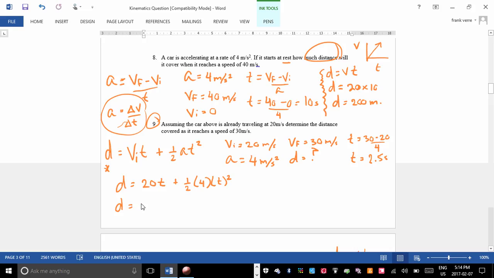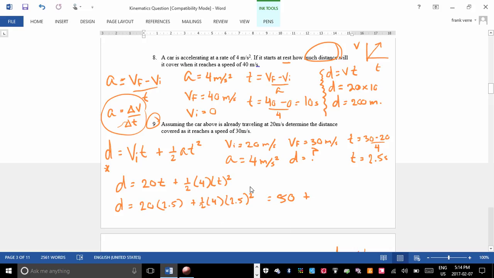So now we can plug in our time. d equals 20 times 2.5 plus 1/2 of 4 times 2.5 squared. So 20 times 2.5 is 50, plus 2.5 squared, I believe, is 6.25.